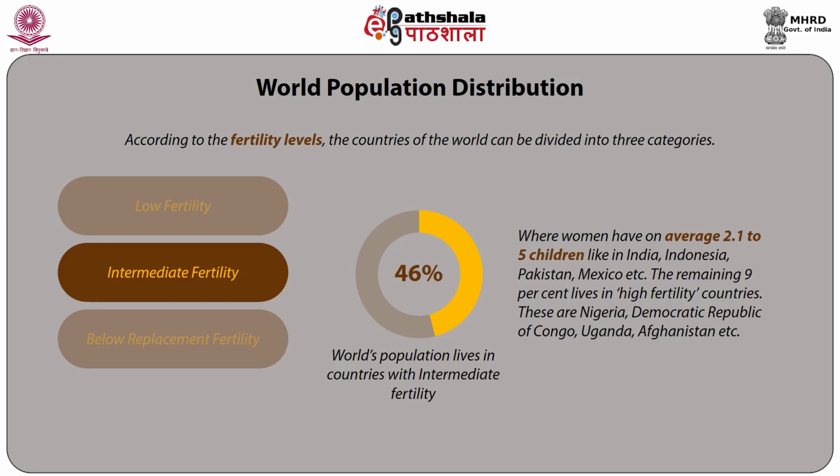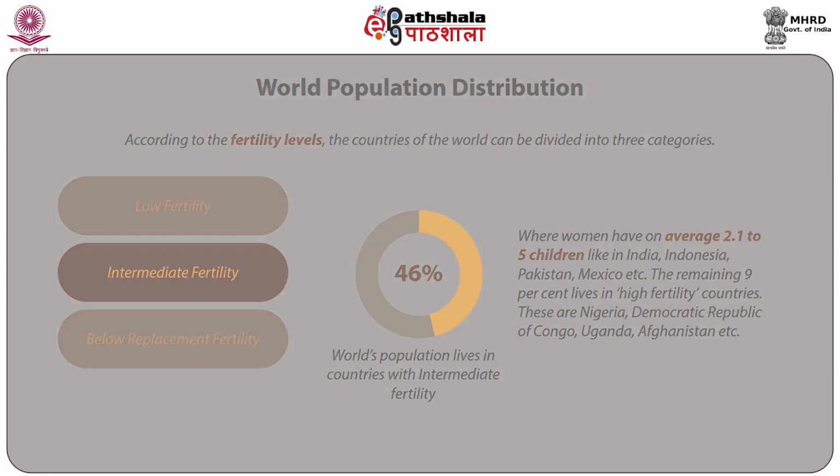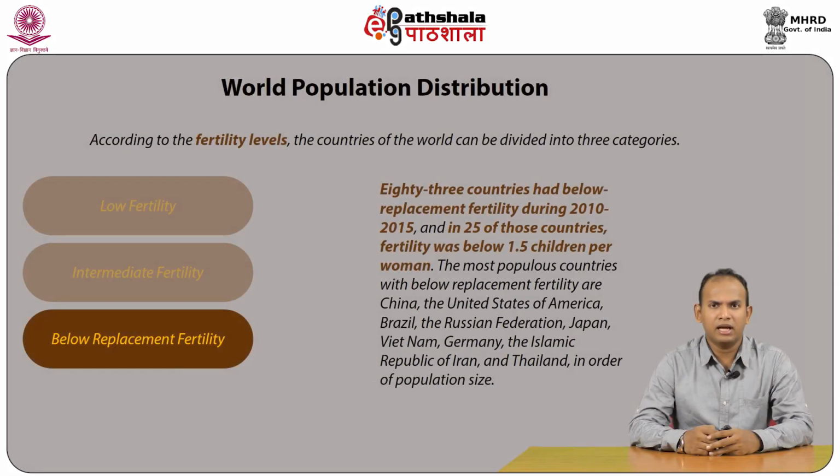These are Nigeria, Democratic Republic of Congo, Uganda, Afghanistan, etc. 83 countries had below replacement fertility during 2010 to 2015, and in 25 of those countries, fertility was below 1.5 children per woman.